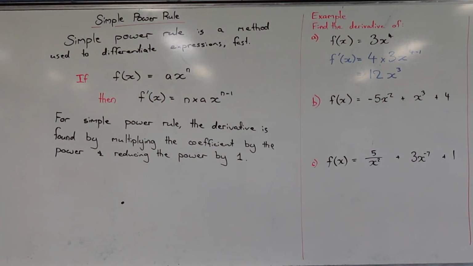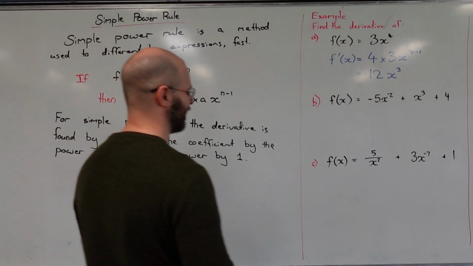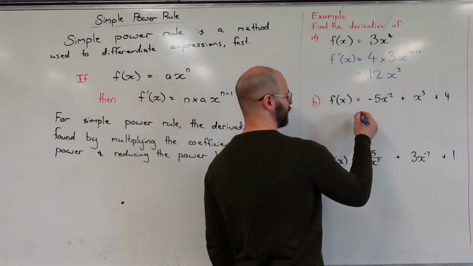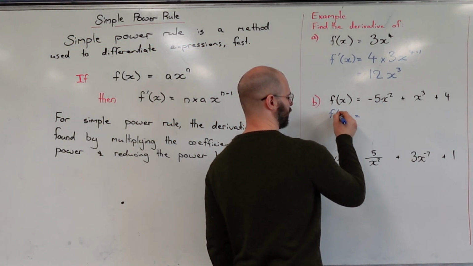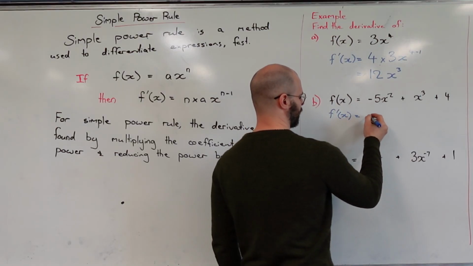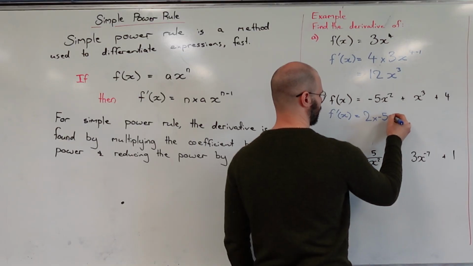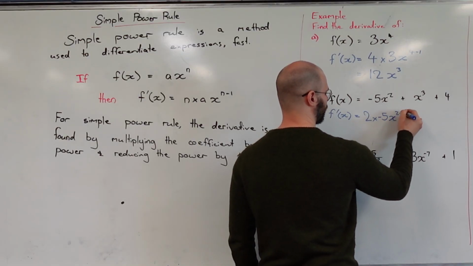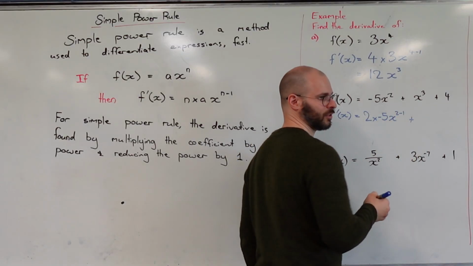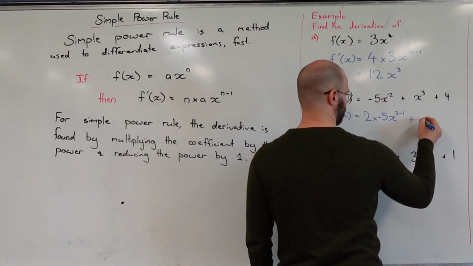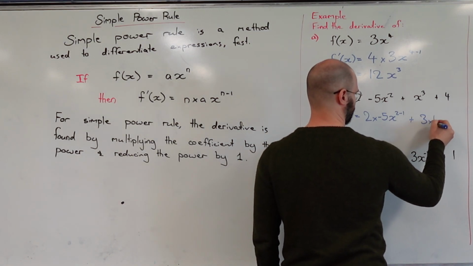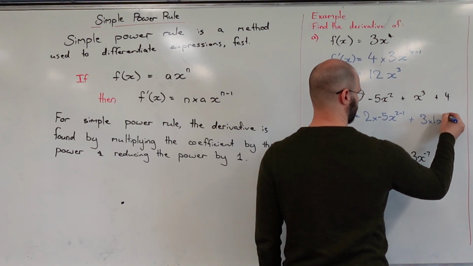Okay, this one, Harrison. What's this going to become? 2. Yeah, it's 2. 2 times 2 times -5, and 2 take 1. Next one, Dylan. 3 times 1, then it's 3 take 1.